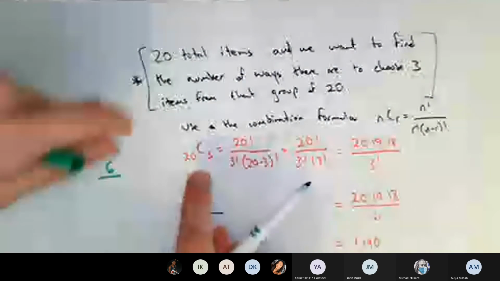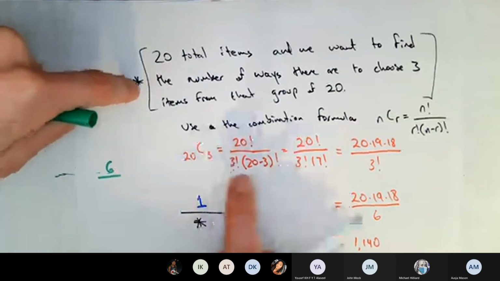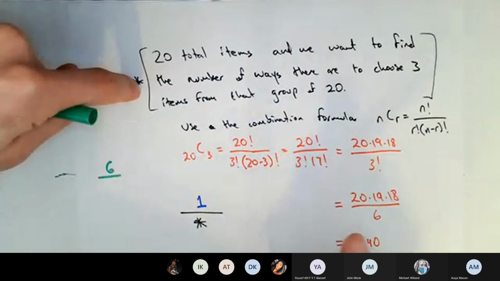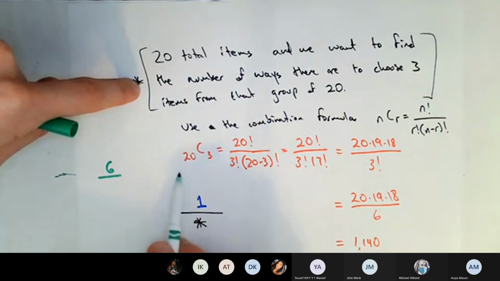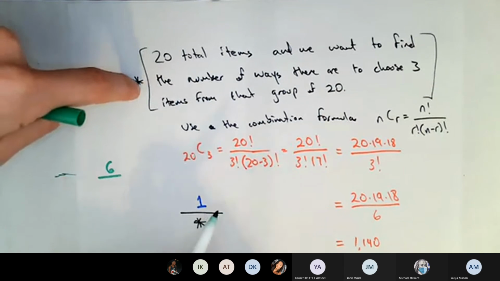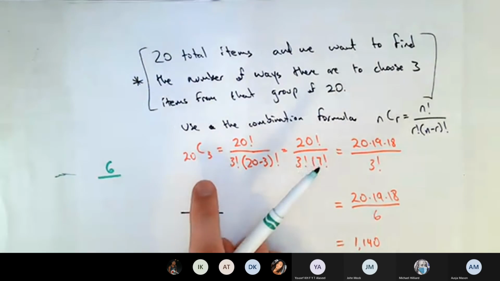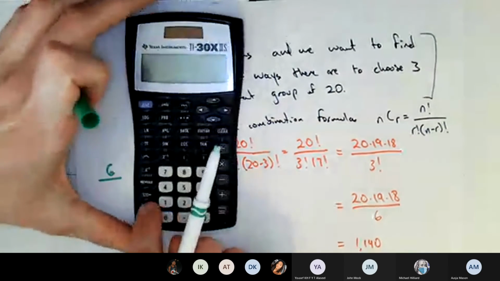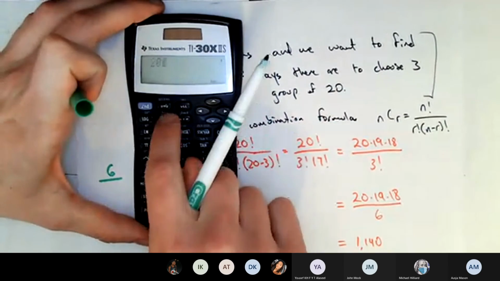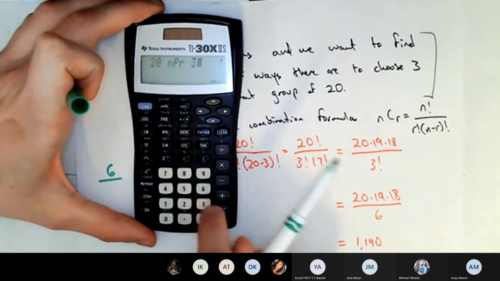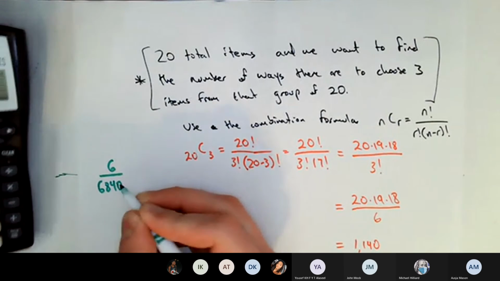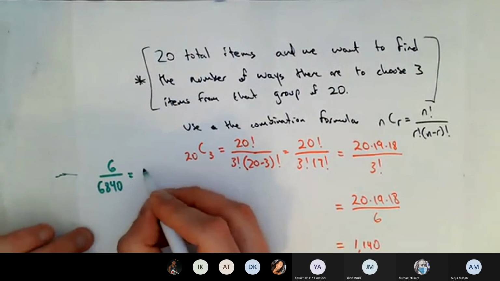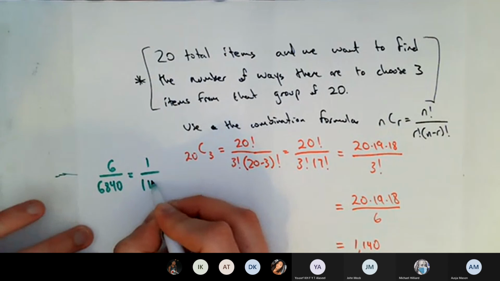But then your denominator would not be a combination. If you choose to make order matter, your denominator would be a permutation. If I do 20P3, I get 6,840. But that actually simplifies to the exact same thing.